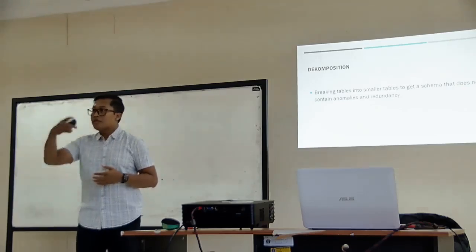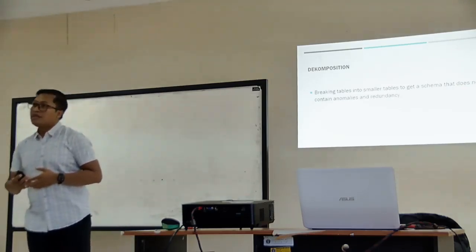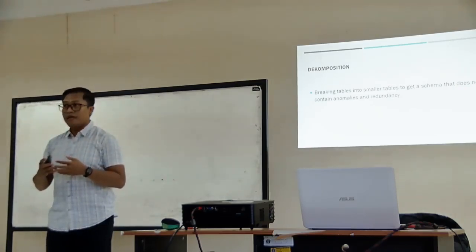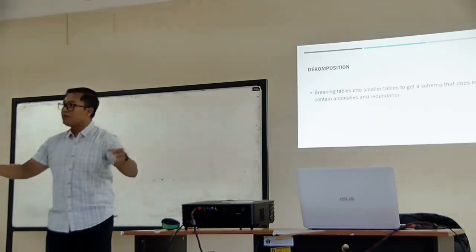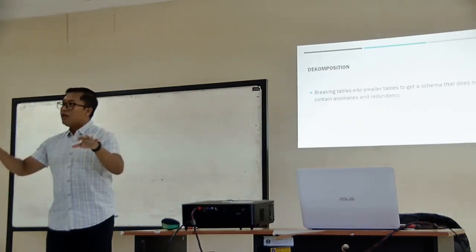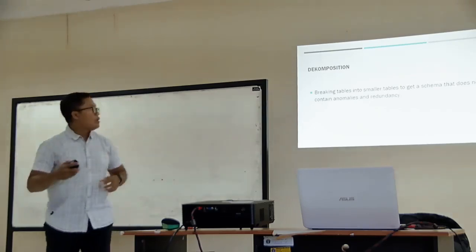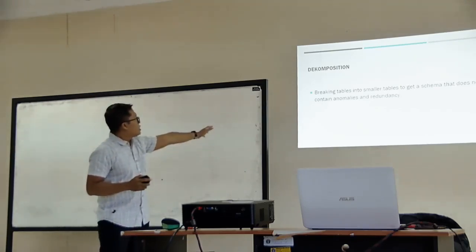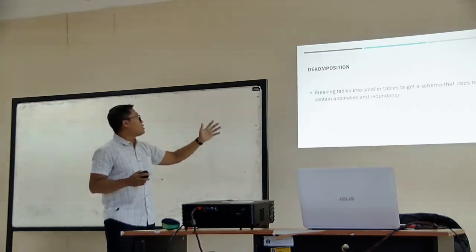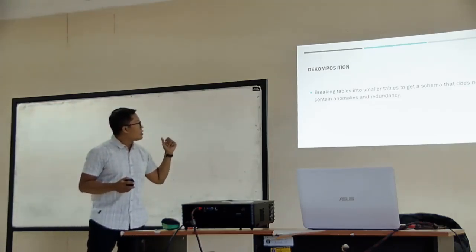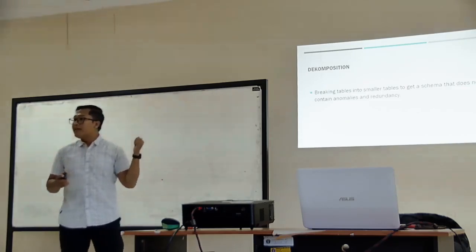In the process of normalization, sometimes we need to decompose the relation, breaking it into small parts. Decomposition is breaking tables into smaller tables to get a schema that does not contain anomalies and redundancy.